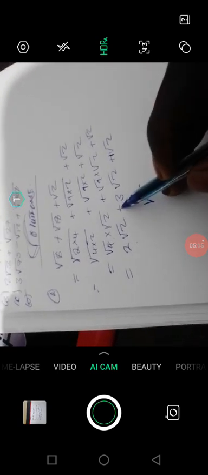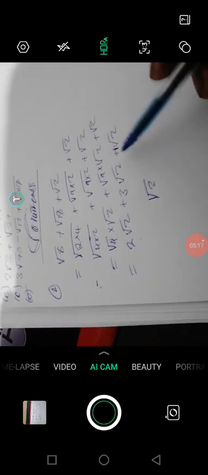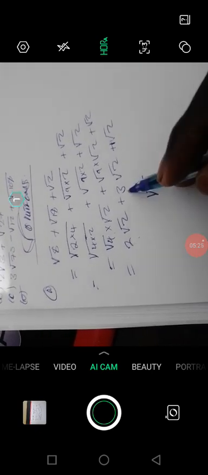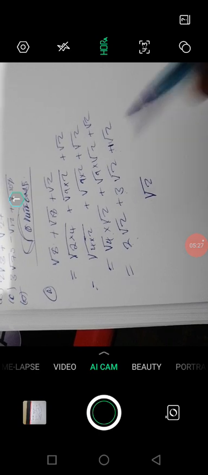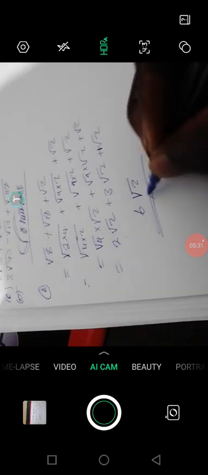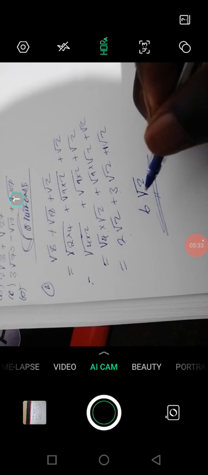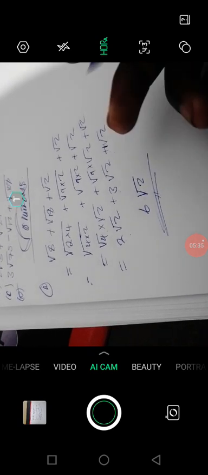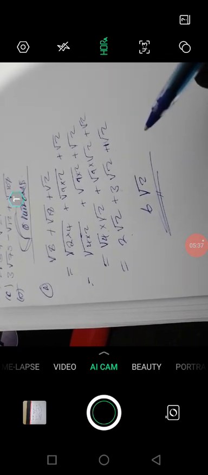If there was a minus, you could subtract. 2 plus 3 is 5, plus 1 gives us 6. So our answer is 6 root 2. Thank you very much. This is quite interesting, and this was our first equation.